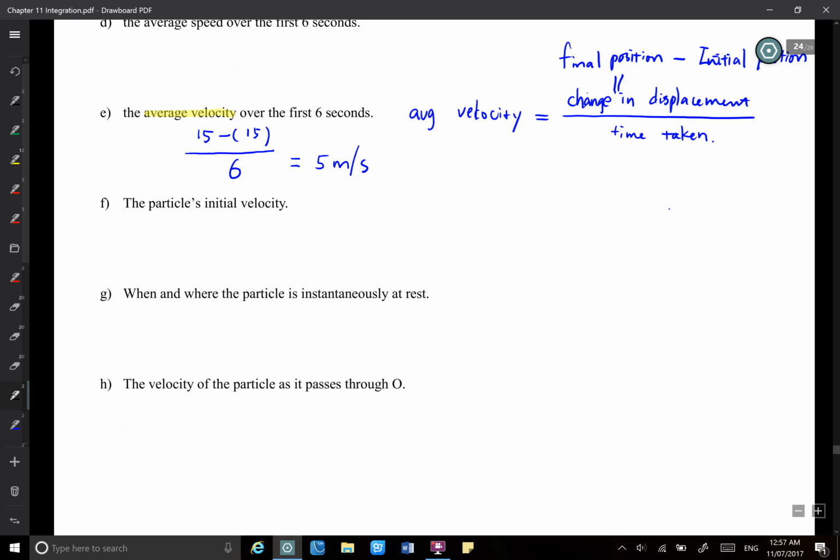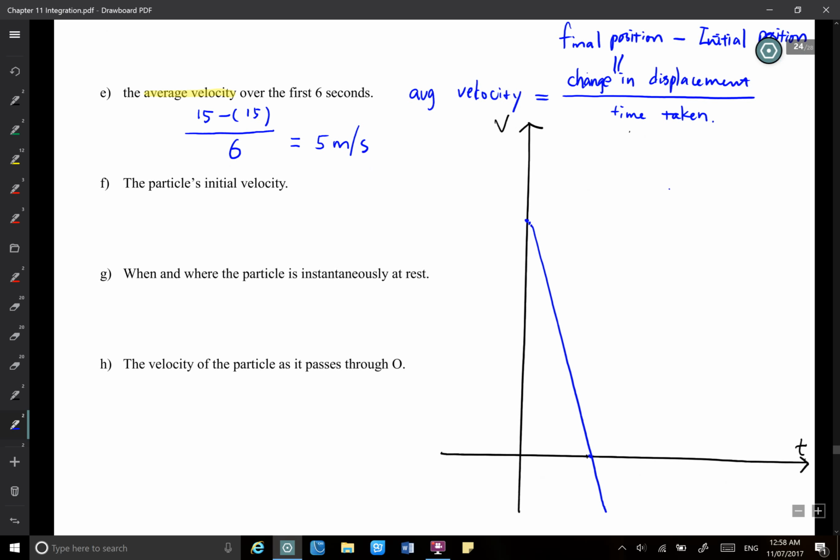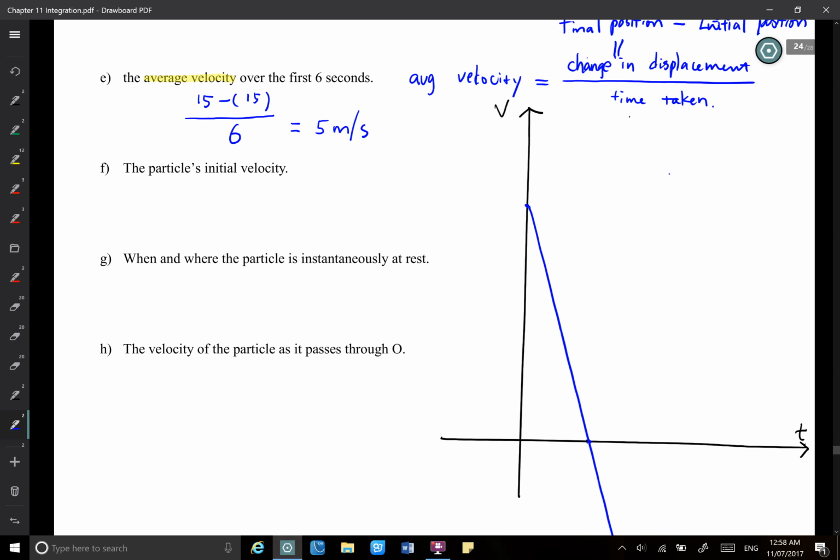This is the v-t graph. You can find the x and y intercepts. Okay, this is my v-t graph.